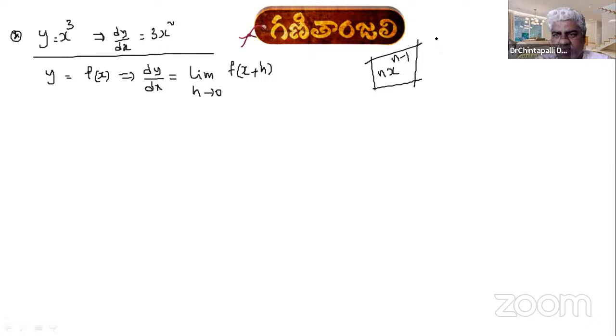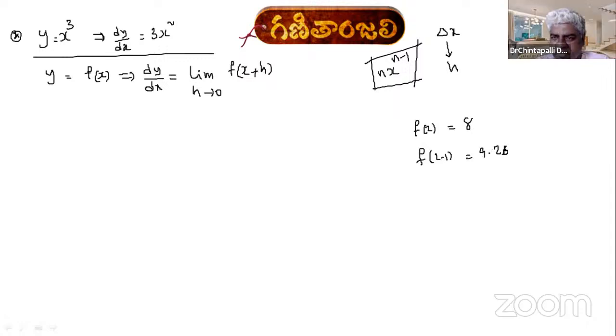In the previous experiment, we used the word delta x, right? Yes, sir. For the convenience of writing, delta x is changed to h. We are writing h in the place of delta x. Do you remember in the previous example, if f of 2 is equal to 8, then f of 2.1 is equal to 9.26?